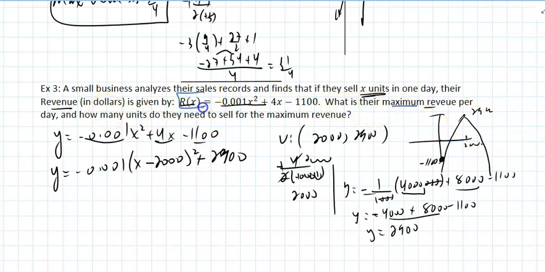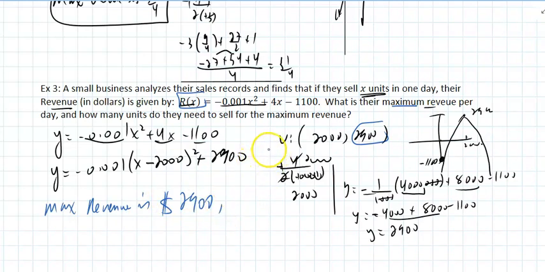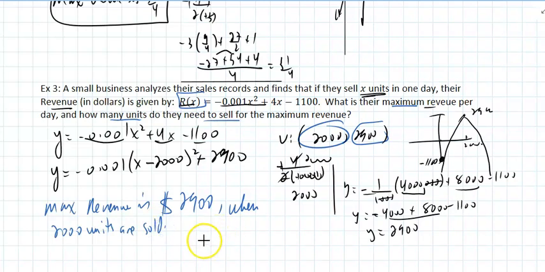Remember, y is their revenue. Maximum revenue is $2,900 per day. Right? And how many units do they need to sell, how many units? 2,000 units are sold. There it is. And that's all there is about quadratic.